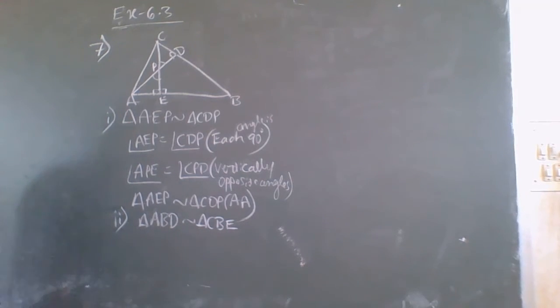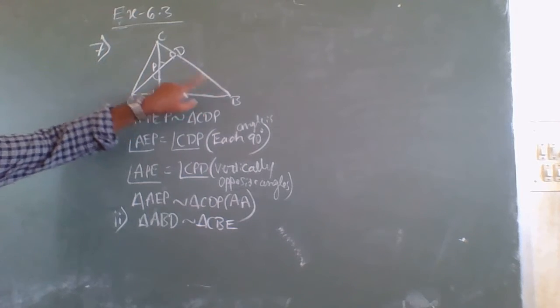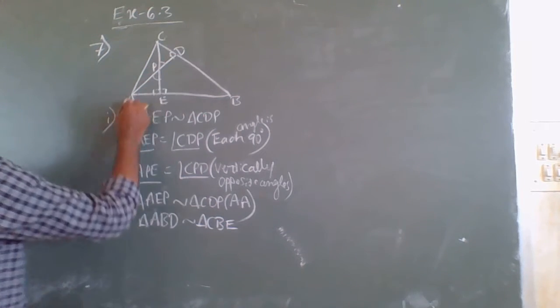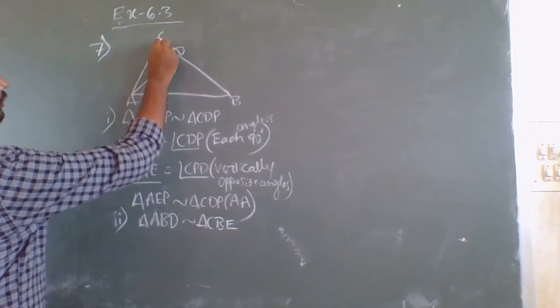Triangle ABD is similar to triangle CBE. Here A, B, D is the triangle, and CBE is the triangle.